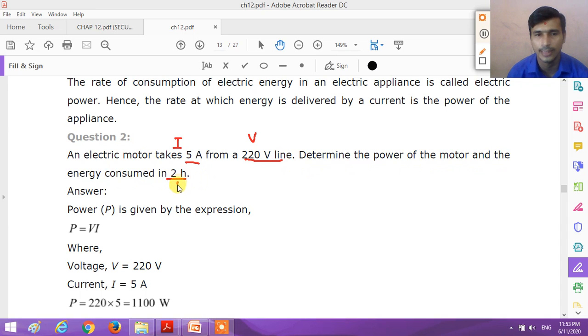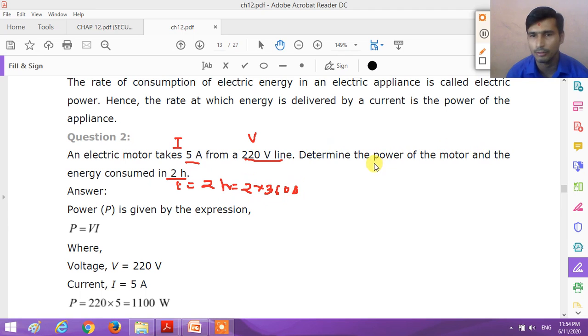That is, time T is equal to 2 hours, and convert it into seconds like this: 2 into 1 hour is equal to 2 into 3600 seconds. So convert this time into seconds.